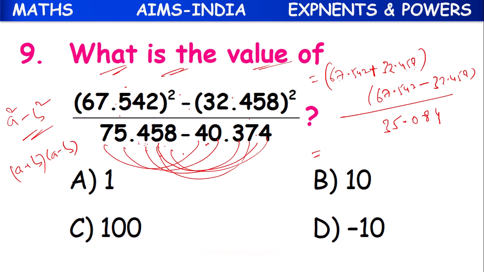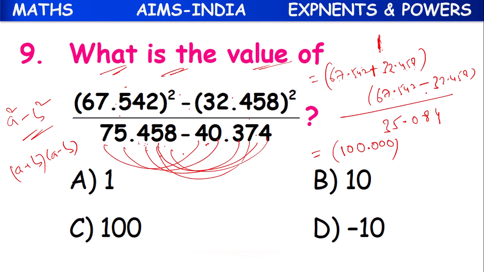If we add them, 8 plus 2 is 10, 1 will be remaining, 5 plus 1, 6 plus 4 is 10, again 1 remaining, 4 plus 1, 5, 5 plus 5 is 10, again 1 remaining, 2 plus 1, 3, 3 plus 7, here the point is there, 2 plus 1, 3, 3 plus 7 is 10, again 1 remaining, 3 plus 1, 4, 4 plus 6, 100. So this value becomes 100.000.